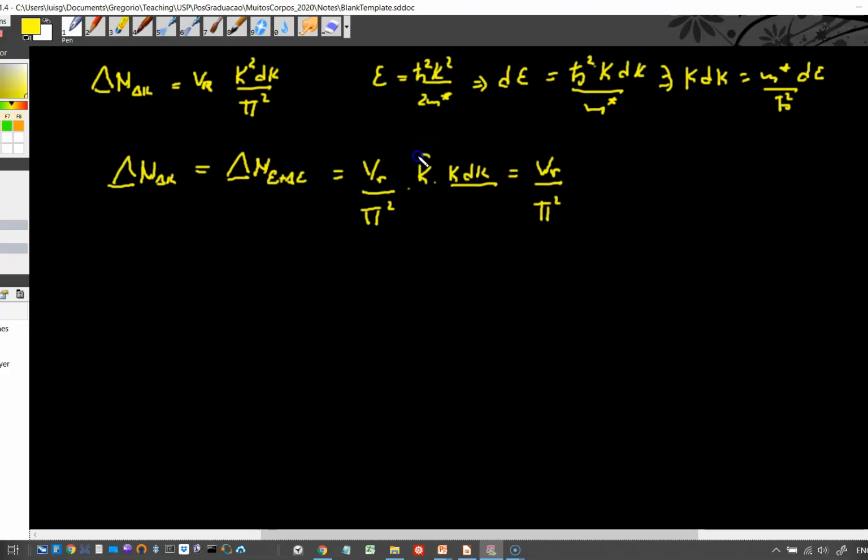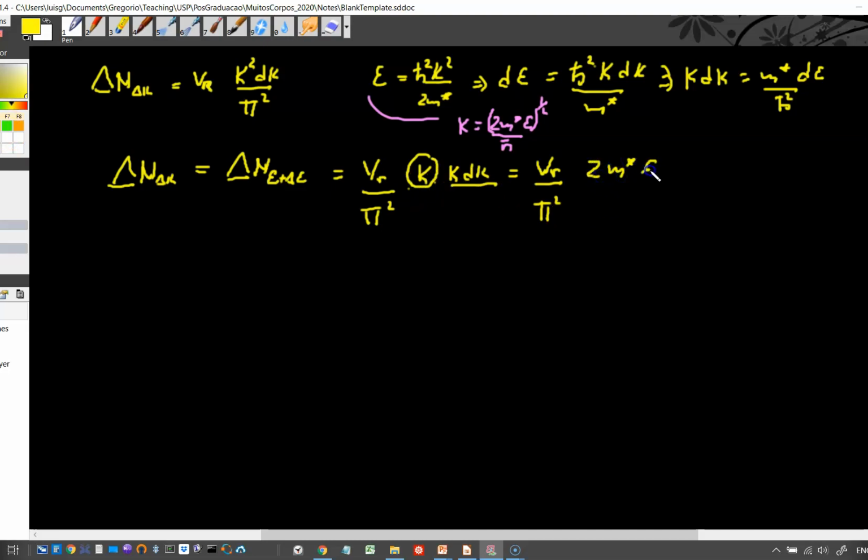And what about this extra k here? Well, we can invert this, right? So this means that k is the square root of 2m star E over h bar squared.